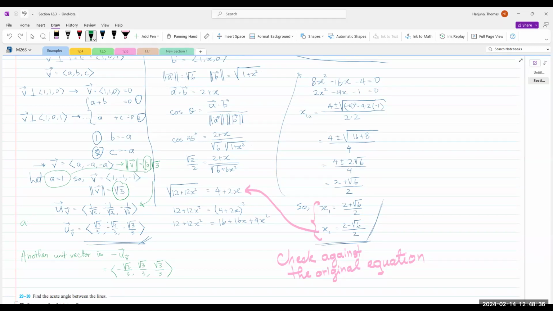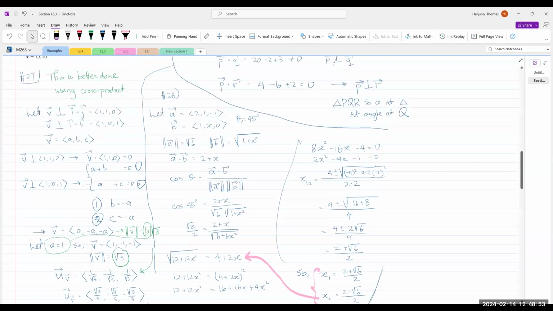And if you choose a to be a negative number, then you will come up with this unit factor.